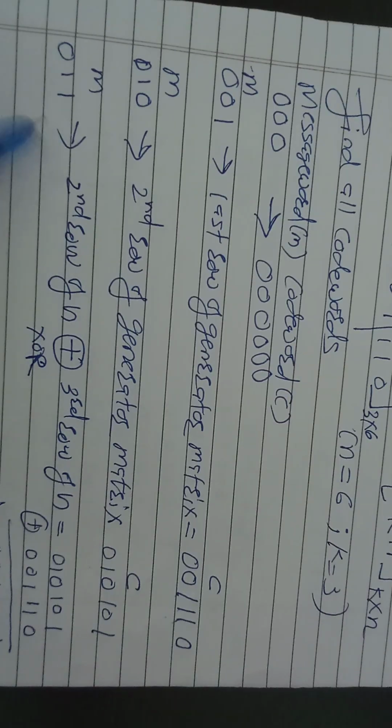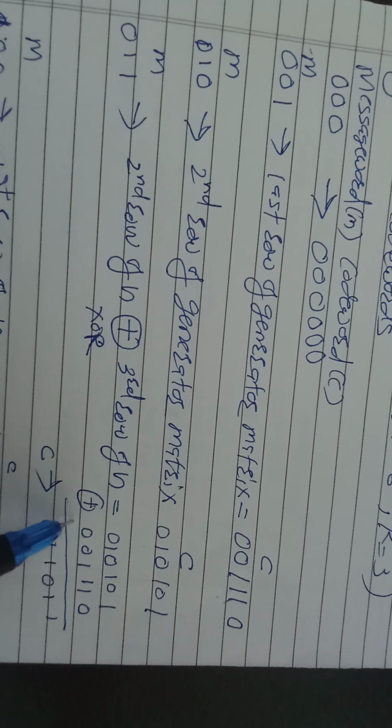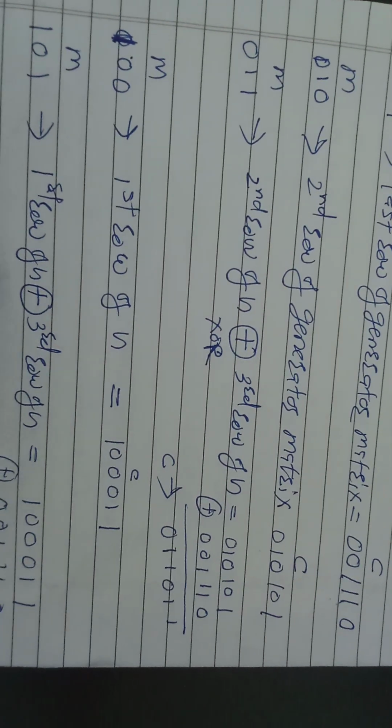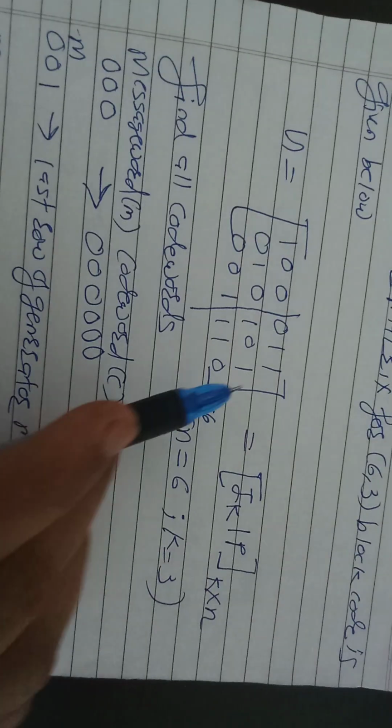If message is 0 1 1, so you know that you have to add this and this. So the addition will be 1 1, then 1 plus 1 0, 1 1 and 0. If 1 0 0, that means you have to write the first row. Then 1 0 1, you have to add first and third row of the generator matrix.